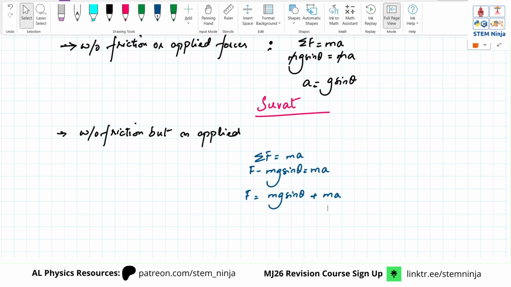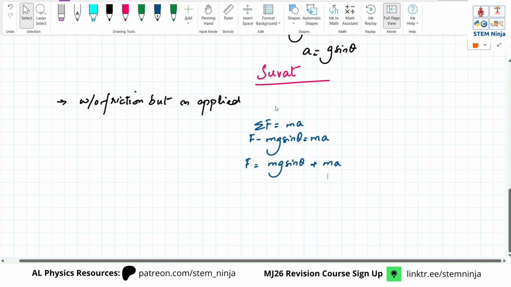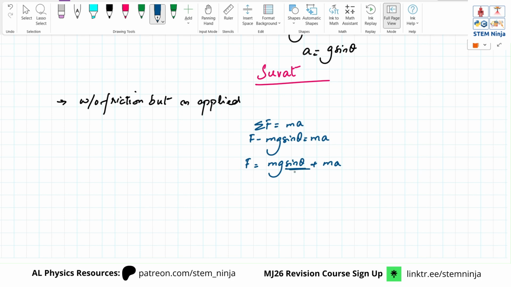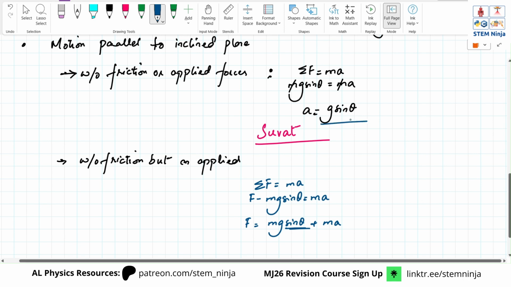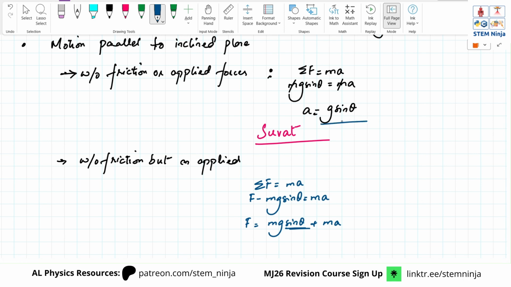Now, one thing you notice over here about the sine theta part, and that you can probably see from this case also, is that with this angle, due to the sine theta component, your acceleration, or this force, has been reduced.